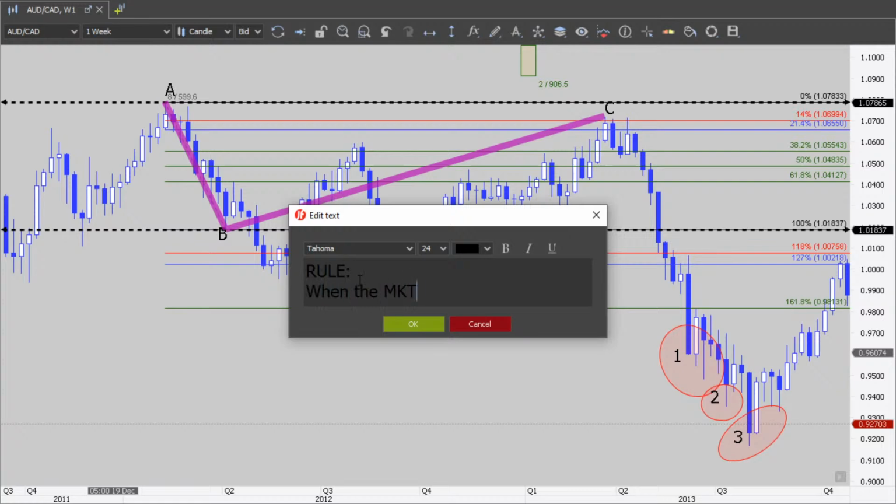When the market hits the appropriate D extension, but it doesn't stop there, the appropriate D extension becomes the first low after the level.